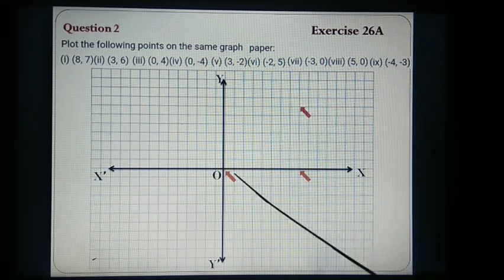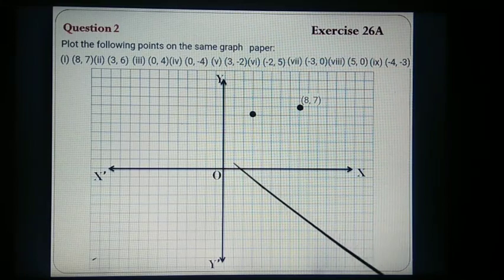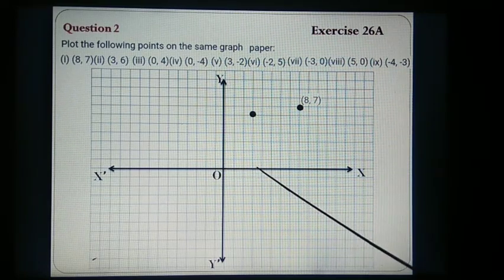When you move 8 and when you move 7, then you draw a point. So the coordinate of this point is going to be (8, 7), right? Similarly we'll see the next one, that is (3, 6). So this is (3, 6) because from here to here is 3 and from here to here is 6.